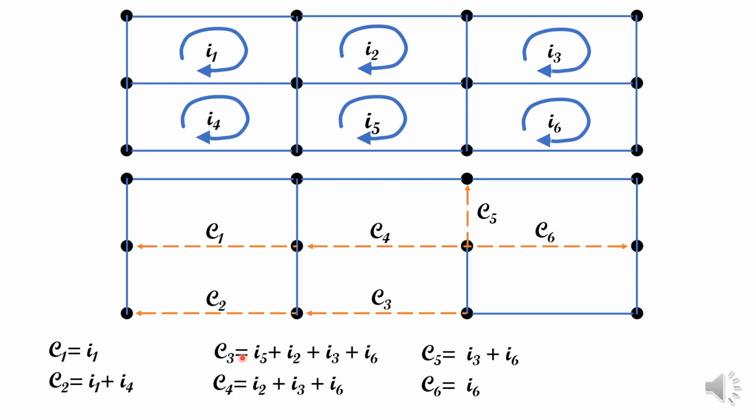It's not algebraic equality or equality of numbers or anything. It just means that a cycle C4 can be expressed in terms of these loop currents.